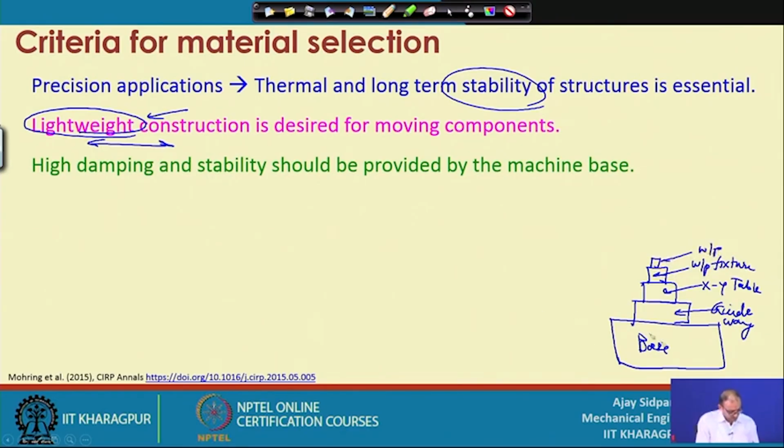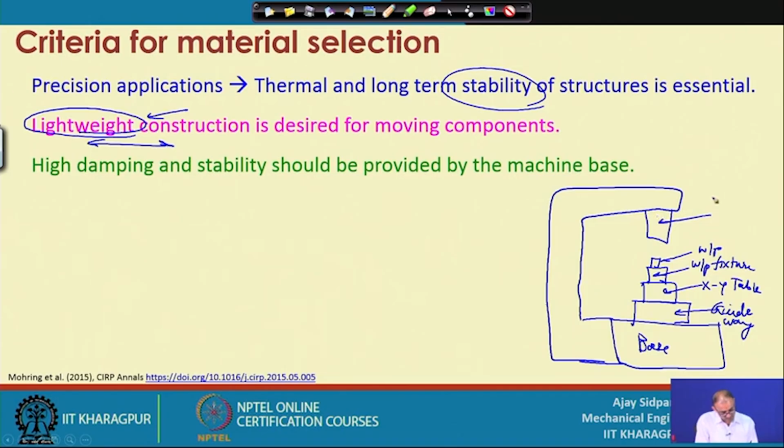correct. This is the static loading, whatever we are talking about, and then on the other side, now consider this is the structure, then on the top side this is the spindle housing, then this is the collet, and then this is the tool, correct.